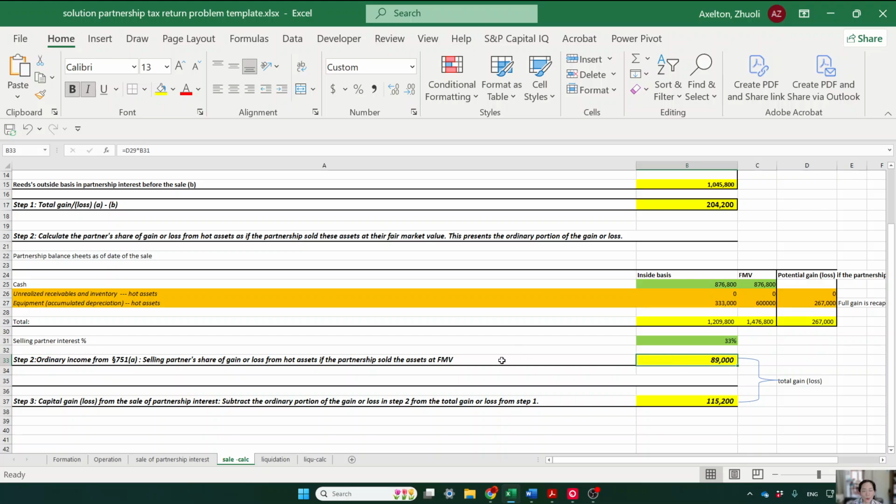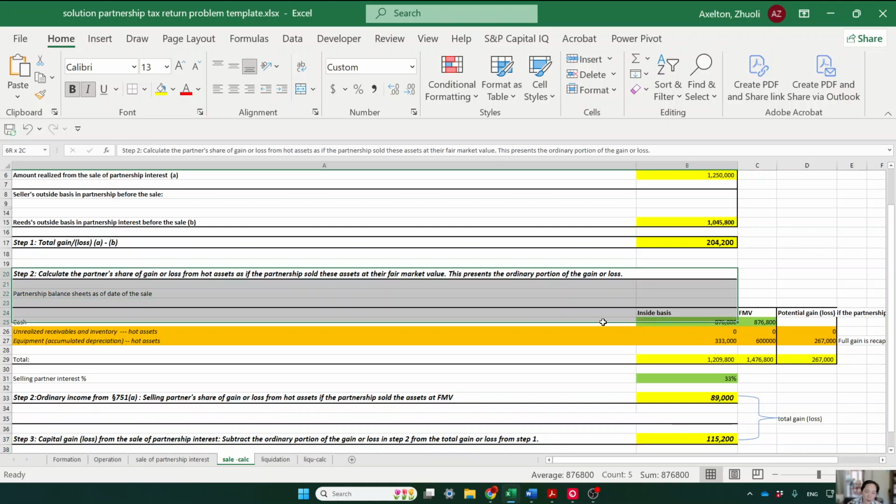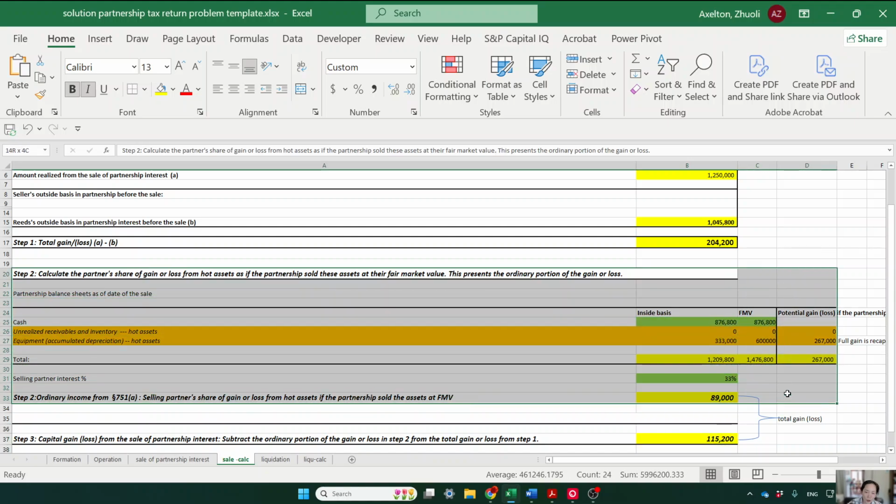Once we figure out step 2, the remaining amount is the overall gain or loss minus the ordinary income, and the remainder will be the capital gain. So really, the key in this calculation is step 2. First, we need to identify the hot assets.